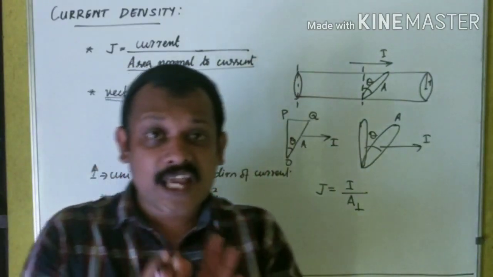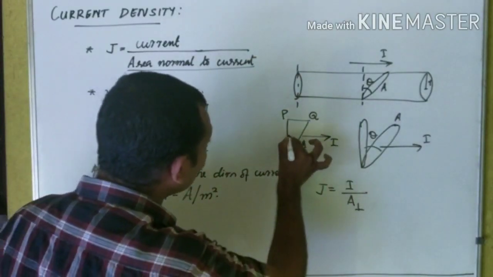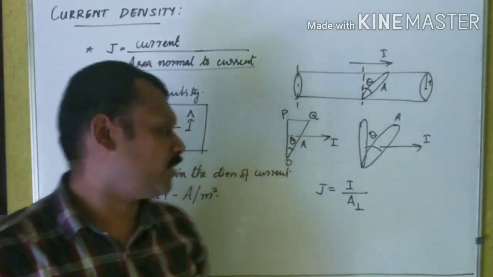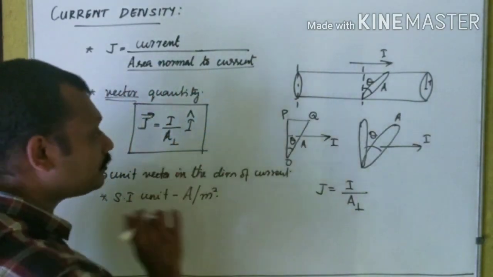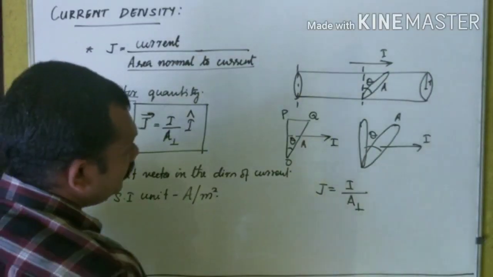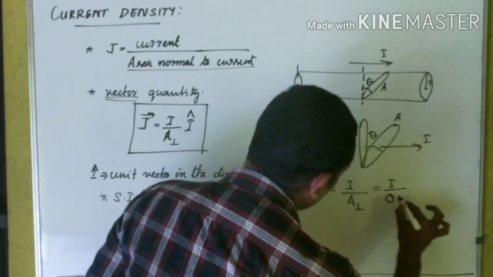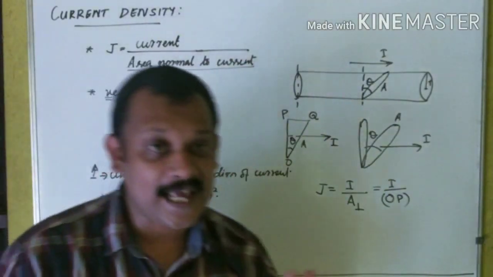What is the cross section perpendicular to this current? You can see from the figure, it is I divided by OP. So treat OP as a cross section, not just the length alone.